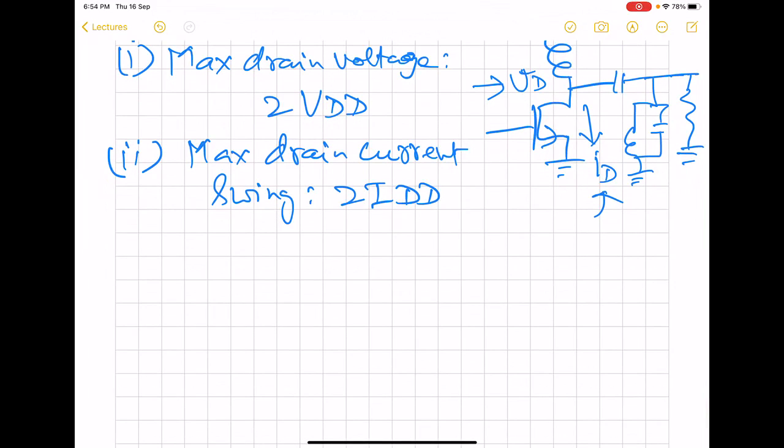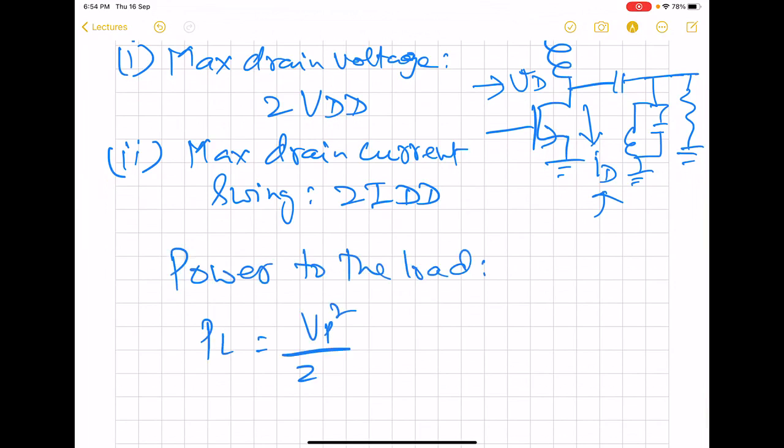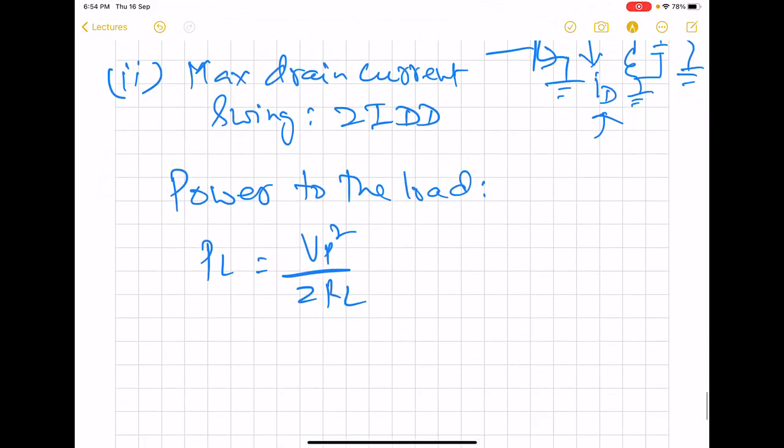And power to the load, we had already calculated, and its maximum value is going to be when this Vp is maximum, which is equal to VDD.